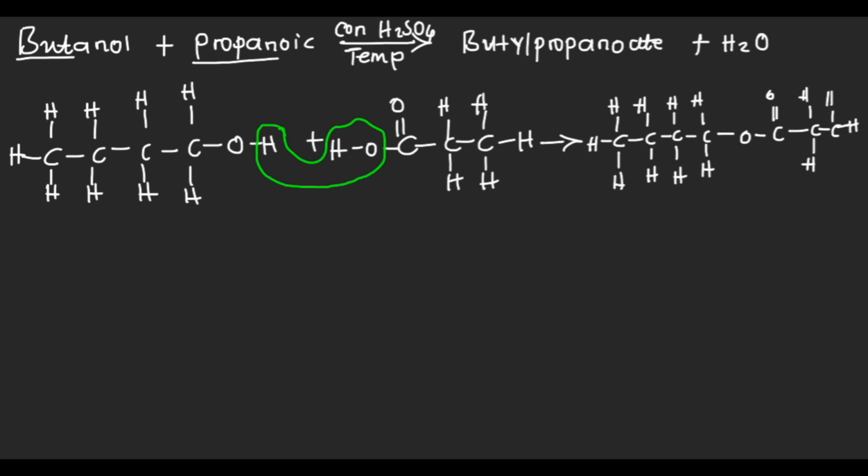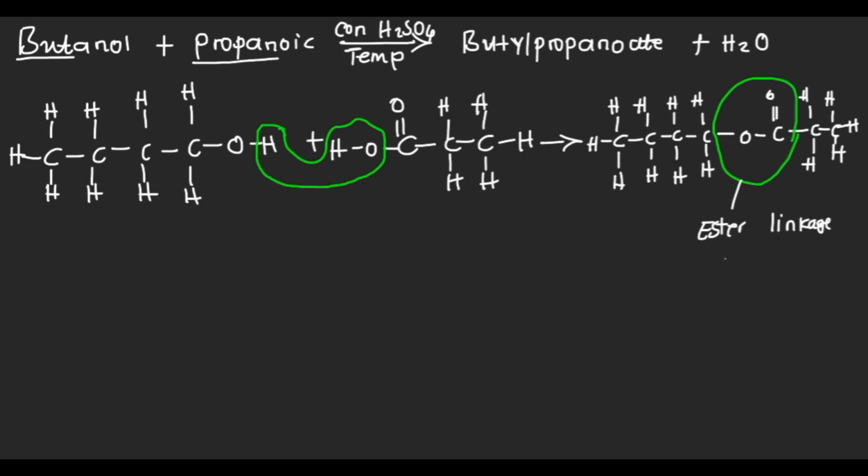So sometimes you may be given this structure and the question is like identify the linkage. So the linkage is just this here, and we said this linkage is known as the ester linkage because it is linking the two parts.